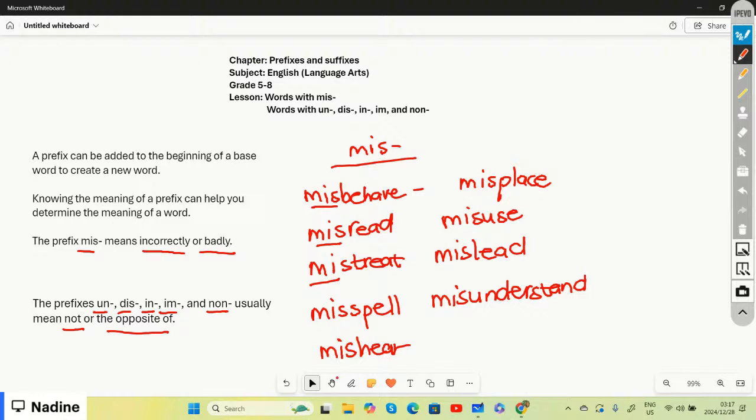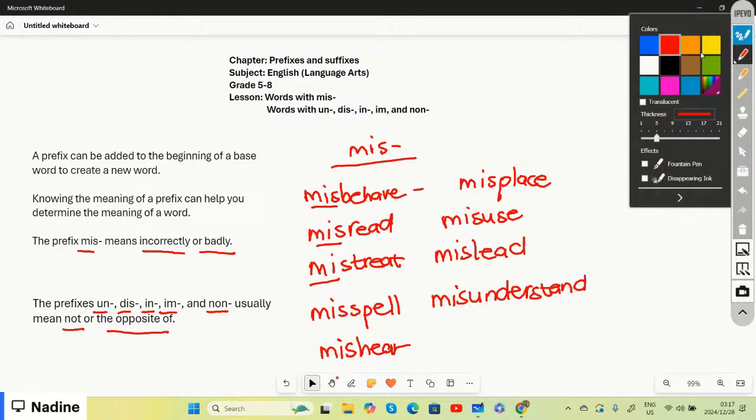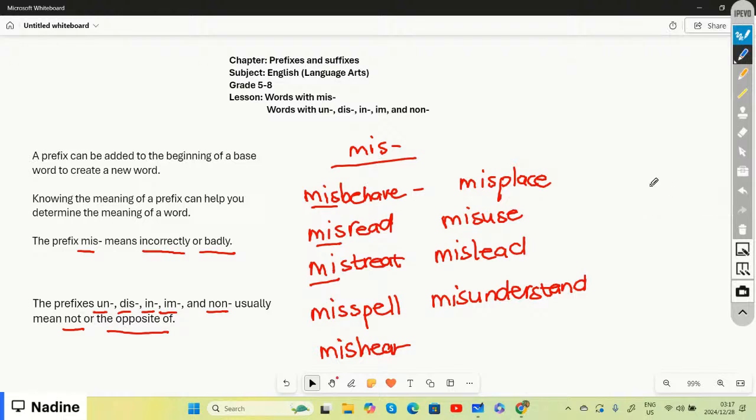I'm going to use a different color to identify the prefixes: an, dis, in, im, non.